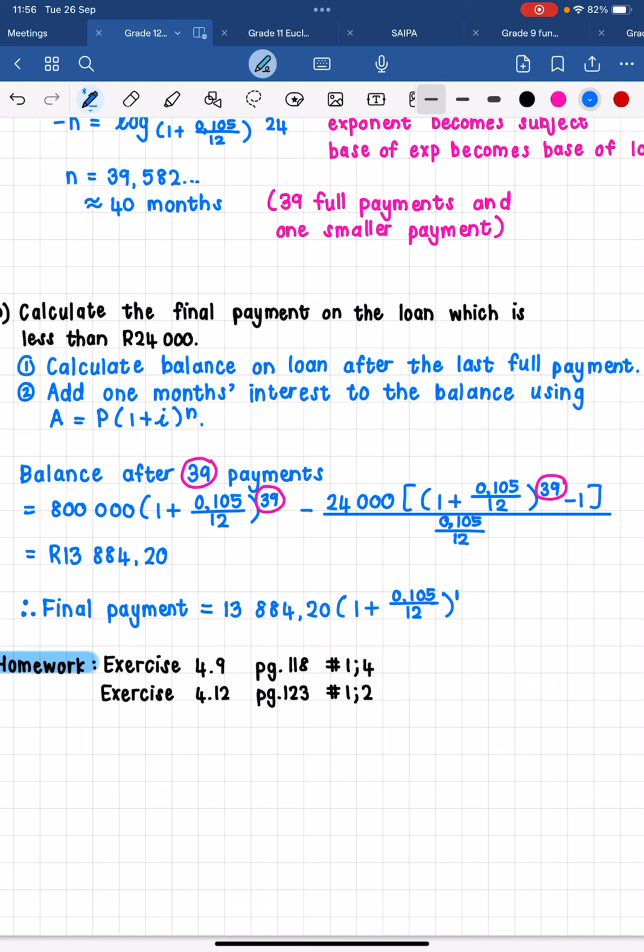And this is now for 1 month, right? So on the calculator, please just use the answer button. We're not going to type in this comma 20 now. We're using answer. Then we're going to put in that bracket. And the final answer is 14,005 Rand and 69 cents. It's comma 686.